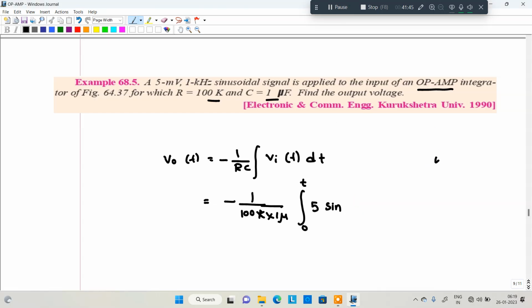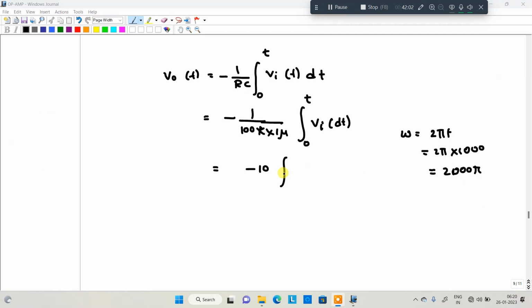Omega is equal to 2 pi f. f is 1 kilohertz, that is 1000. So that means 2000 pi. Okay, 2000 pi. So 1 by this particular RC is minus 10, 0 to t, and 5 sine omega t, that is 5 sine 2000 pi t.